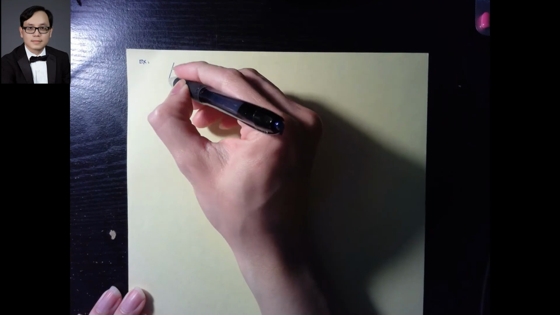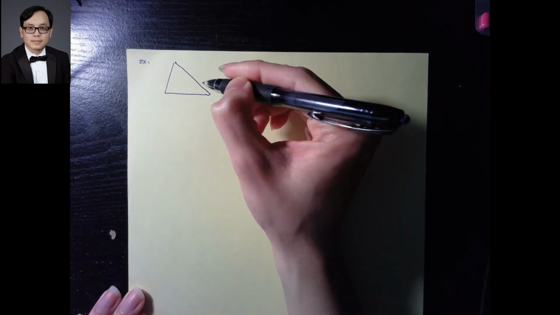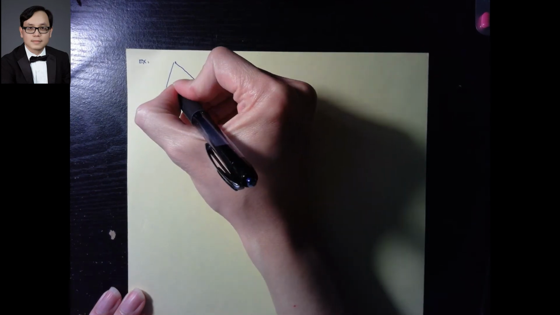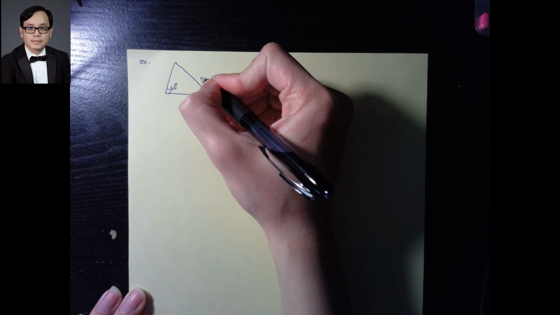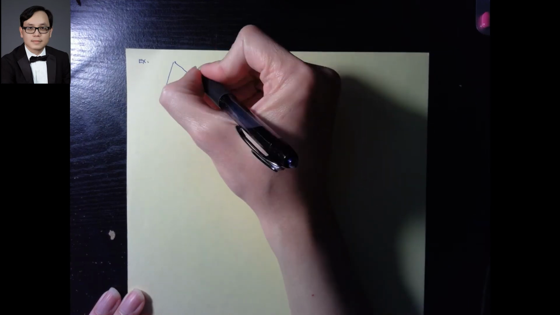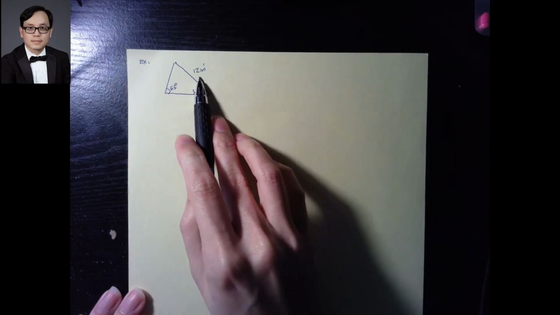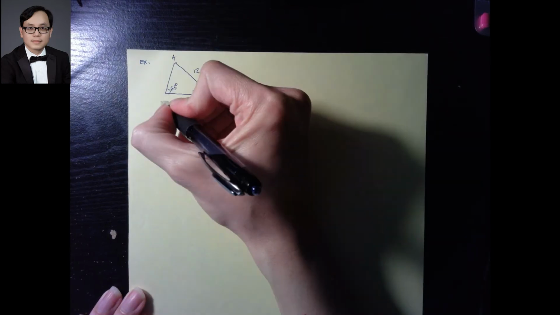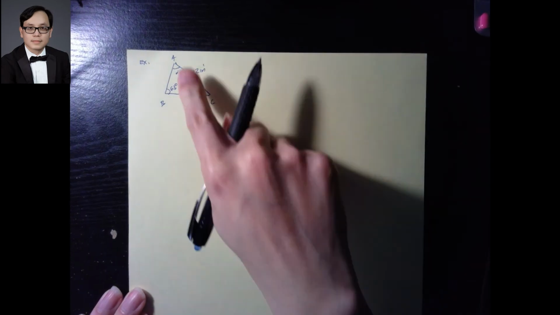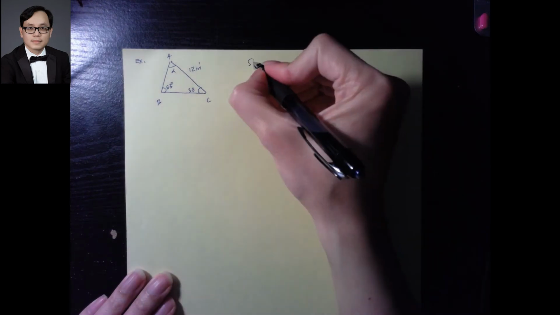So I have the triangle like this. Then I have an angle of 63 degrees, over here is 38 degrees, and they give you this side, 12 inches. So they give you angle, side. That is ABC here, and this is alpha, beta, gamma. Now I want to solve the triangle.